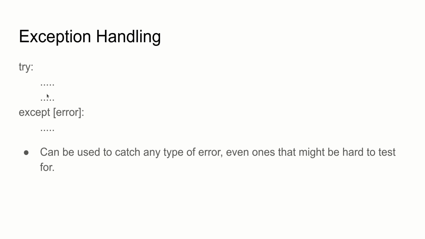Then after we're finished with the try portion, we write an except portion. We may or may not specify the type of error that we're trying to handle. But regardless, if an error comes up, if it's of the correct type, if we've specified the type, or just if in general an error comes up, then we'll land in the except portion.